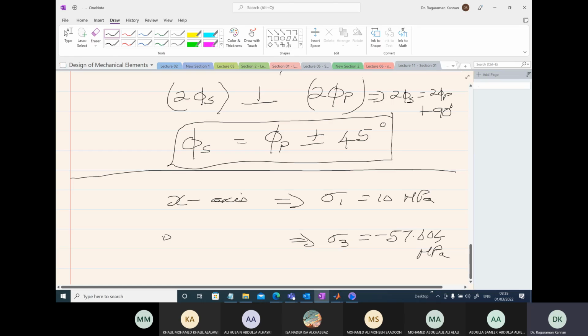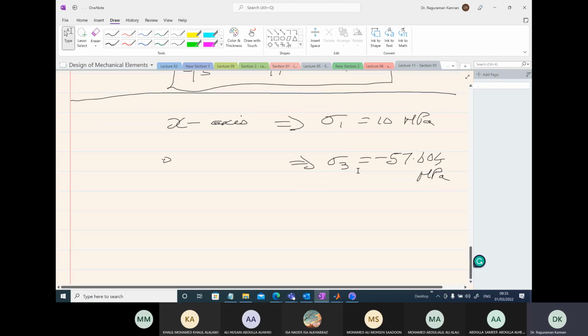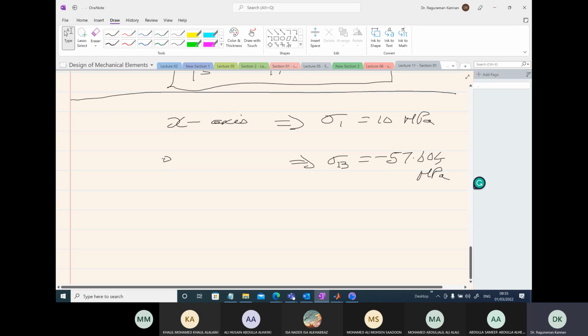Corresponding to the sigma 3 direction, we have to first get what is the angle corresponding to that. In which direction is this sigma 3 principal stress given? So we need to be careful here. We have the y-axis, the z-axis, okay, y and z-axis.